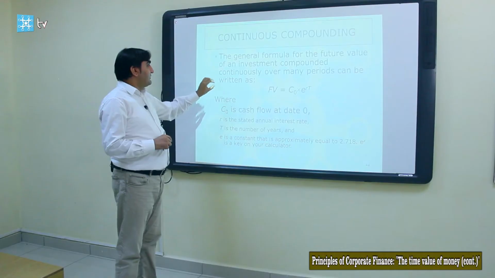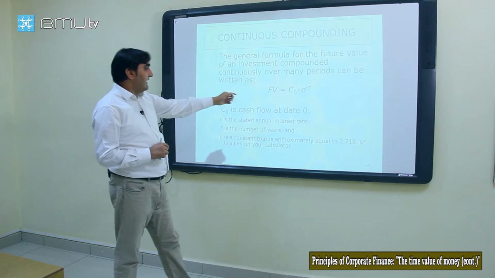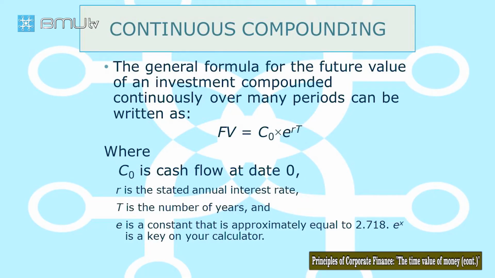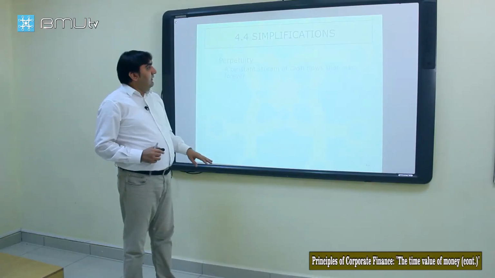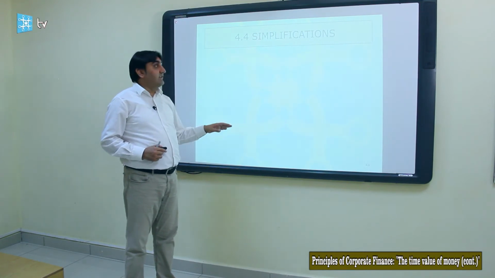The general formula for the future value of an investment compounded continuously over many periods can be written as future value equals present value times e to the power of r times t. So e is a constant that's approximately equal to 2.7. It is a key on your calculator. In our calculations, we have this number. So this is the effective annual rate calculation.